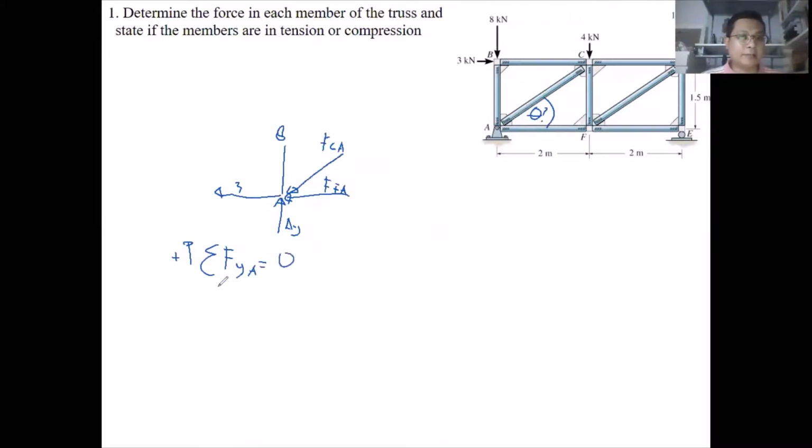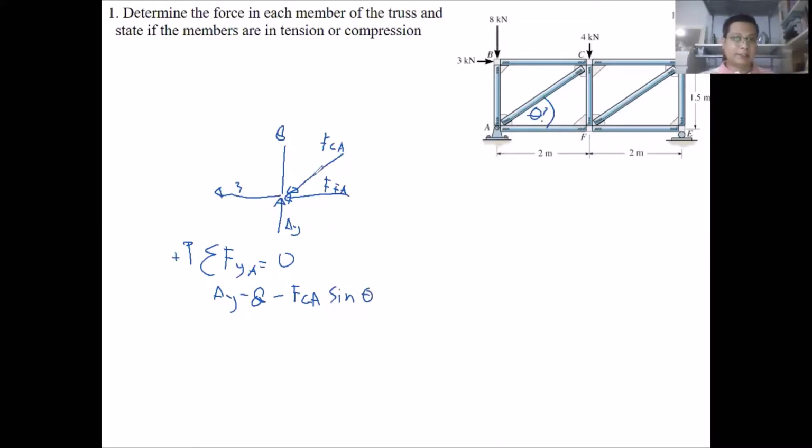So you have Y, X, and then we have the FCA, FCA sine theta.